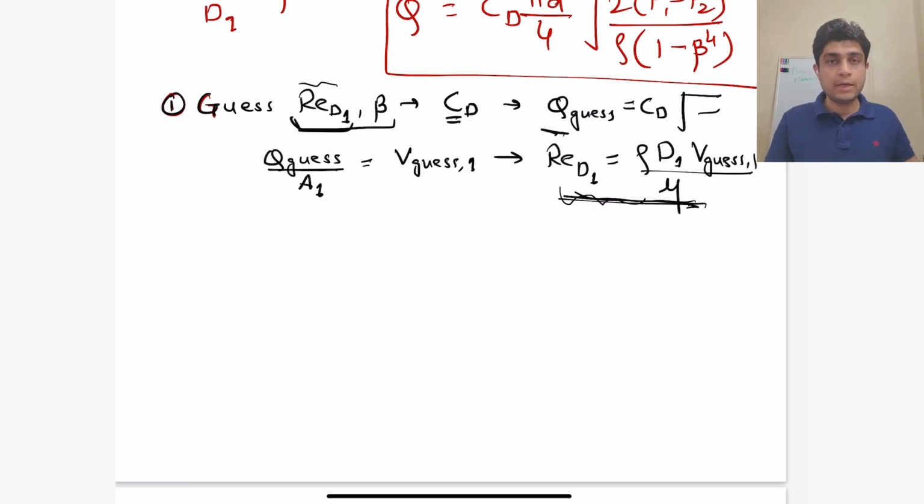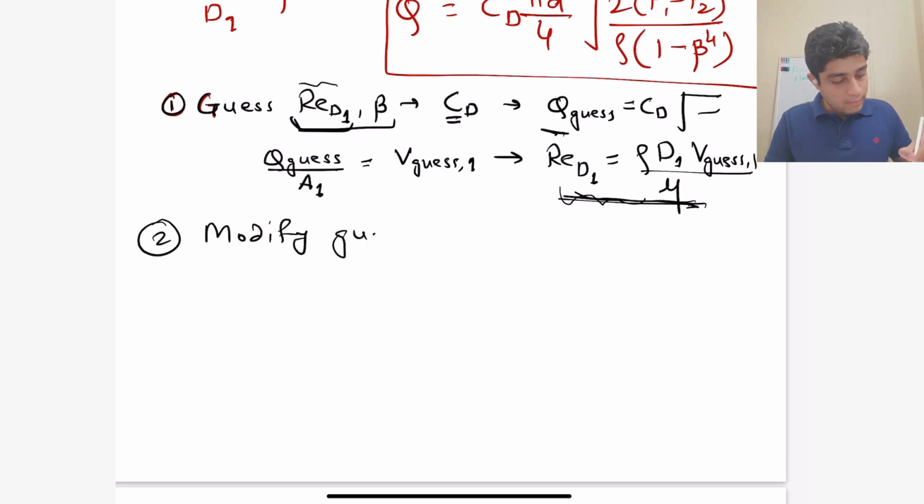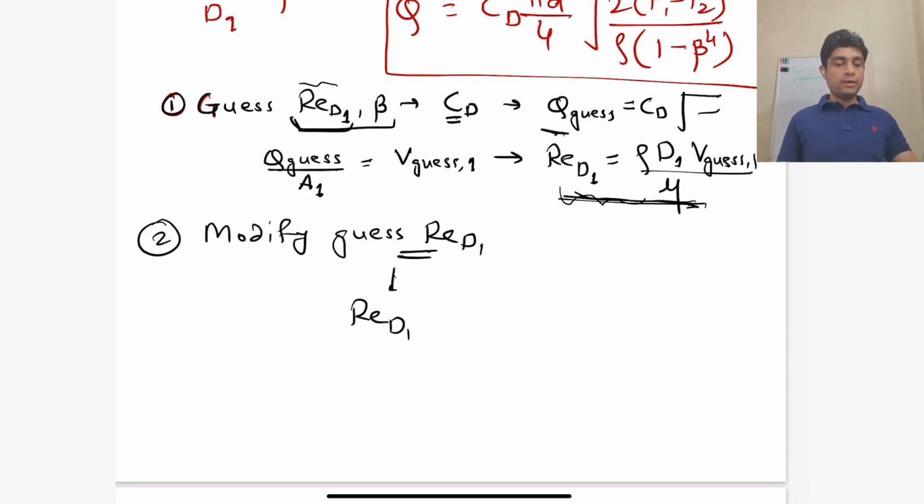But if these Reynolds numbers don't match, then what you do is you modify your guess and repeat this procedure again, and from the flow rate find out the Reynolds number again and see if they are matching. And you repeat this till you achieve convergence. And many a times computer programs are used for this iterative procedure, and they are also given with the device from the manufacturer.